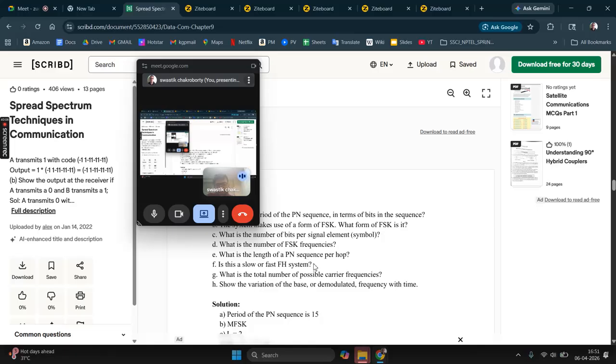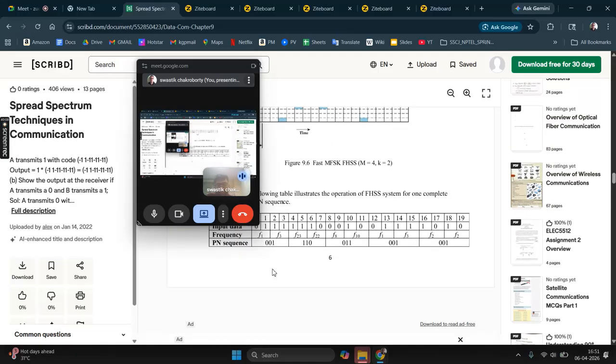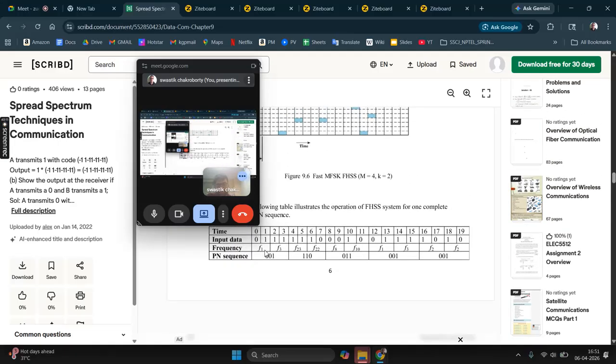Okay, so is it a slow or a fast frequency hop? You see that it takes 2 units of time to change the symbol element, but it takes 3 units of time to change the code element.